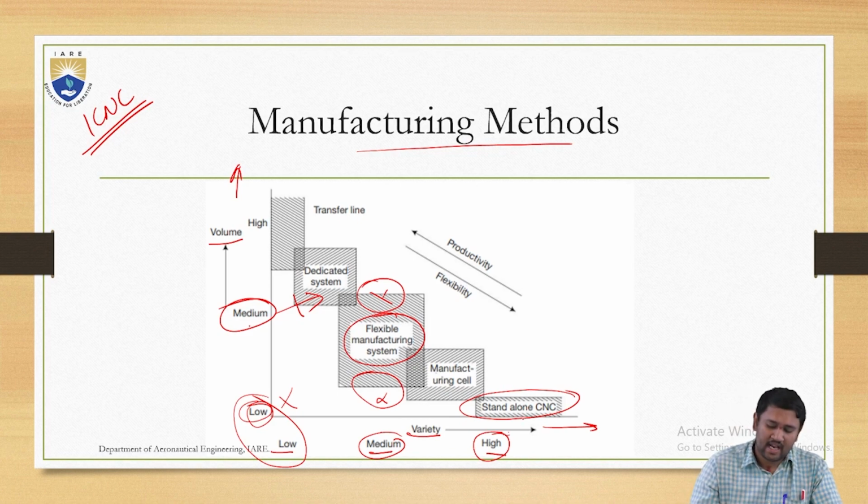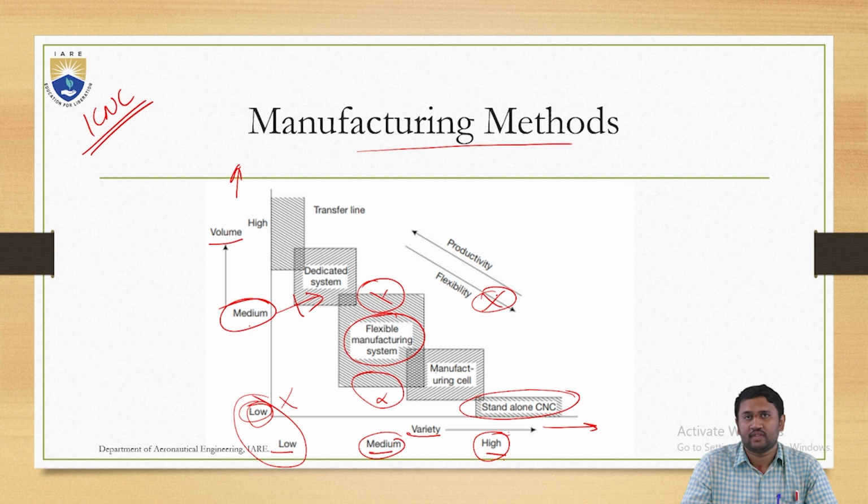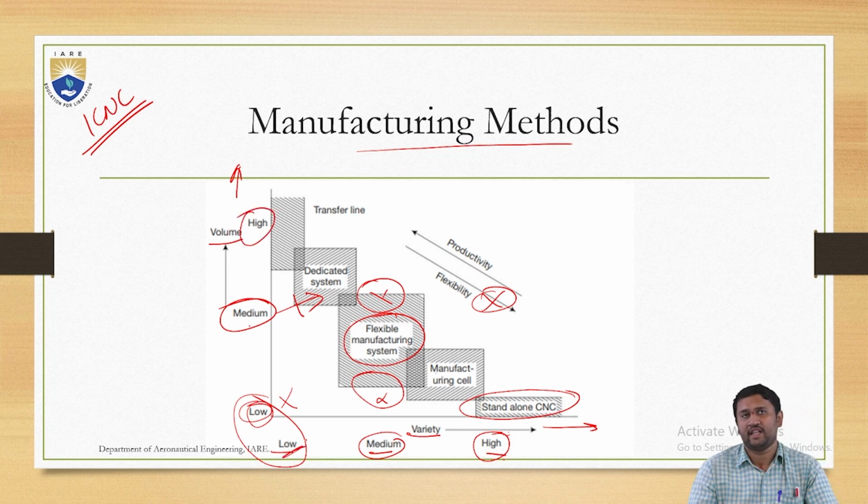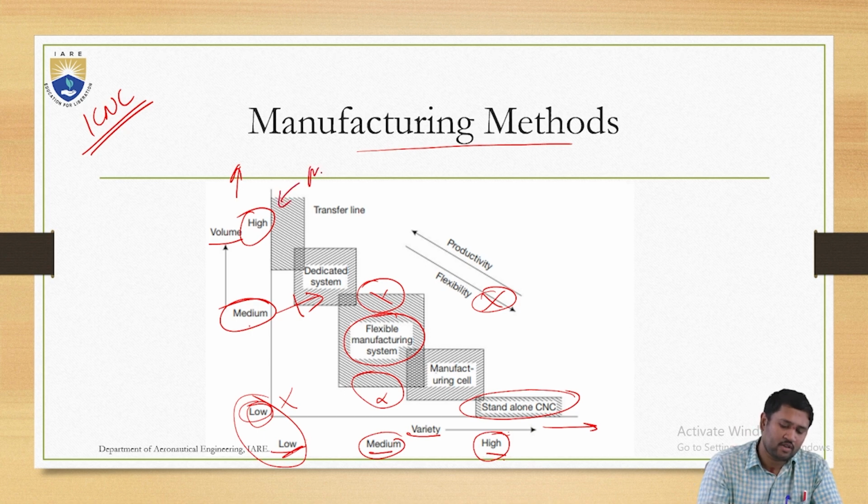Similarly, a high number of varieties with medium volume is very rarely opted for, because those can't be manufactured on a single standalone CNC or any other single machine. Now coming to high volume with low variety, which is one of your examples of mass manufacturing.